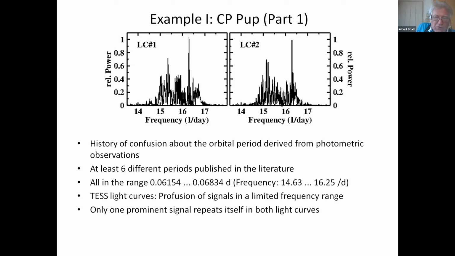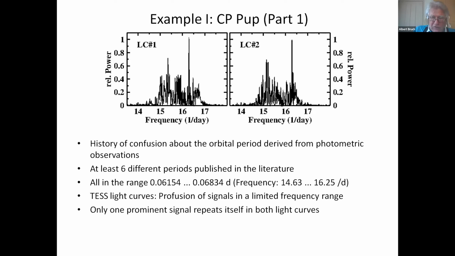The history of its photometric orbital period is confusing. At least 6 different periods were published in the literature, all within a narrow frequency range. TESS resolved this riddle. The power spectra of the two available light curves contain a profusion of signals in a restricted frequency interval. Only one peak, the highest in these images, repeats itself in both power spectra.